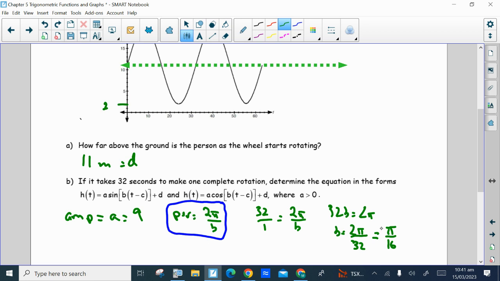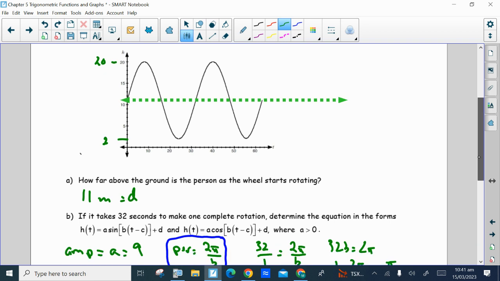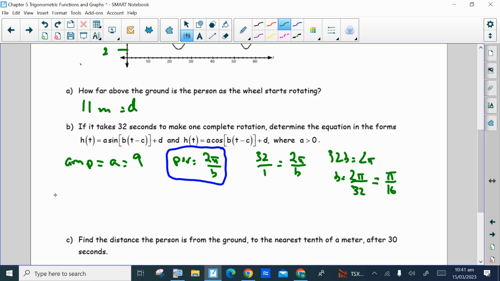So to write our equation of the sine graph, remember sine starts in the middle heading upwards. If we're going to write this equation as a sine graph, there is no phase shift. There is no c value. Okay, so for a sine function, our a value is 9.